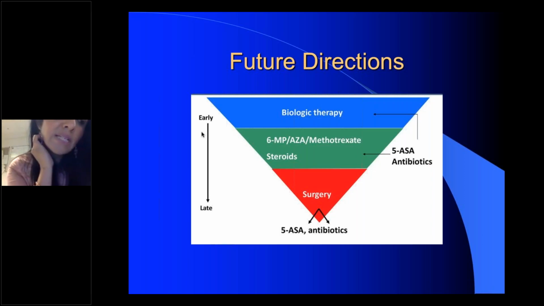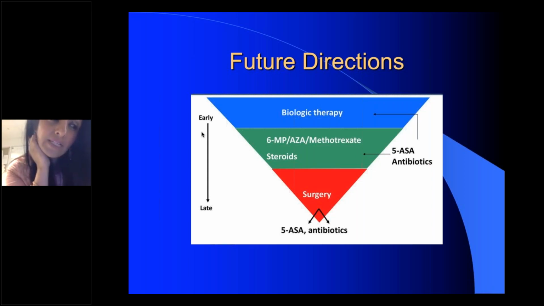Now, how do we decide whether they have infliximab or Humira? Well, this in a way depends on both the clinician and the patient choice. So, for example, because they work in the same way, if our patient would prefer to be at home and have their medications at home, and they're older, they're able to safely inject, we would probably give them Humira. But if they are younger patients, we're worried that they won't be able to tolerate the injections.